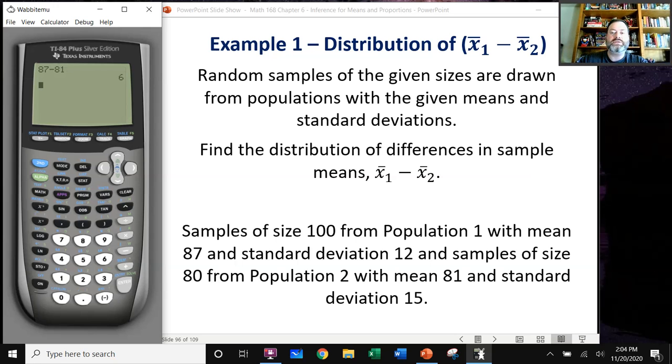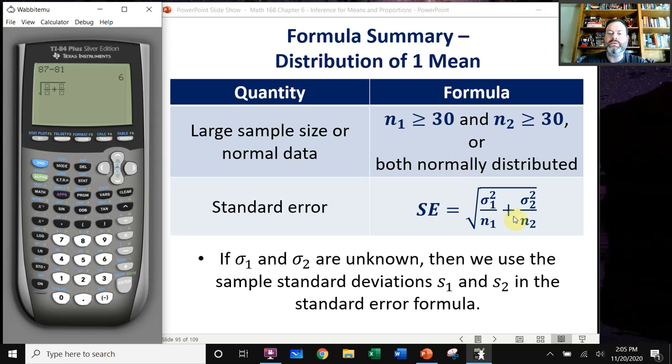Then we use the formula on the previous slide, and I'm going to build it the same way I've built all the formulas so far. Build a radical, build a fraction, build another fraction, and then just fill in the blanks, right? Because we want it to look like this.